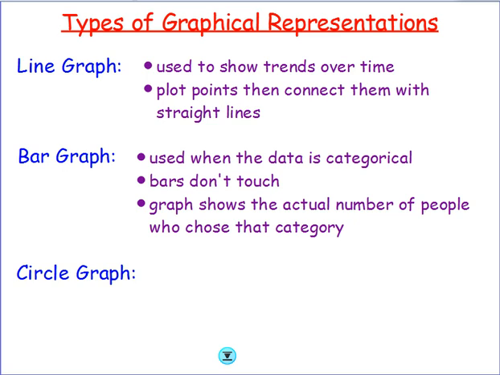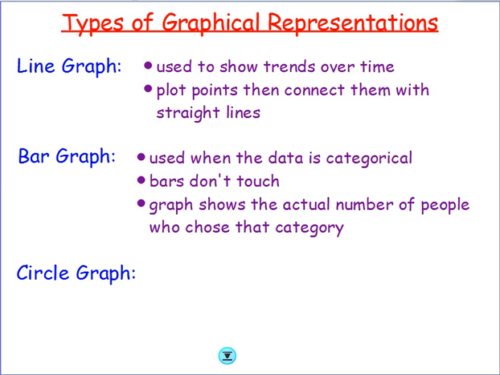What's important to know about a bar graph is that the bars never touch. That's important because when bars touch, it means that there's overlap. And there is definitely no overlap when it comes to categories. And of course, a bar graph shows the actual number of people who chose that category.